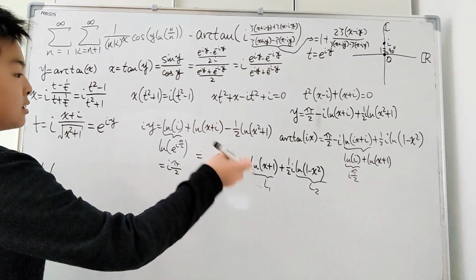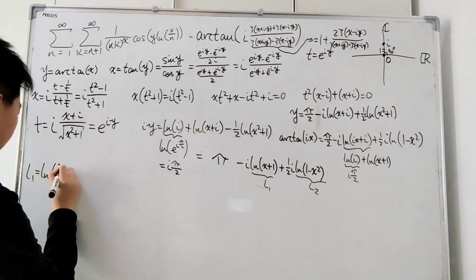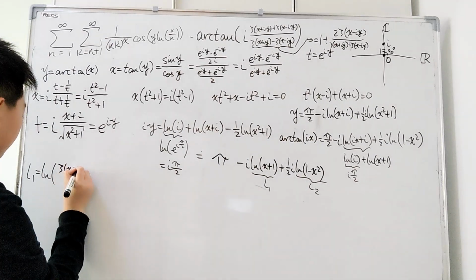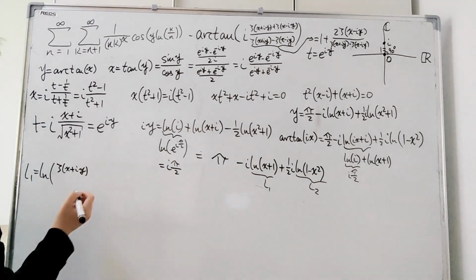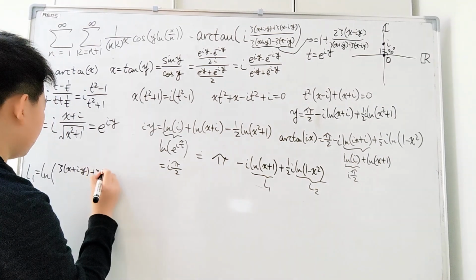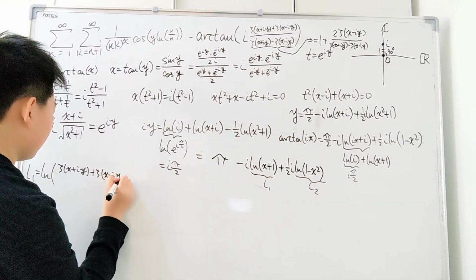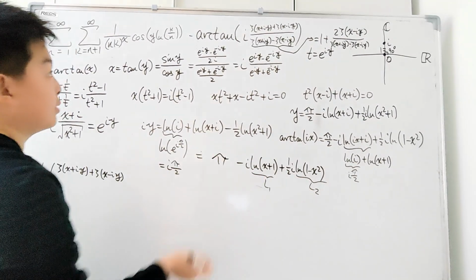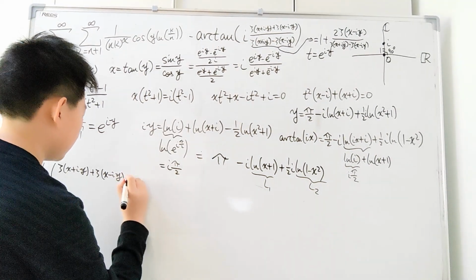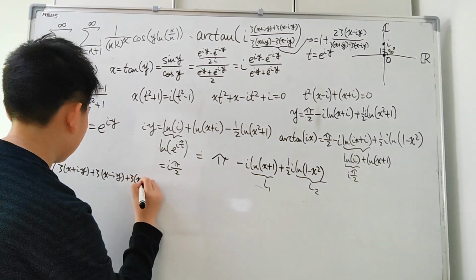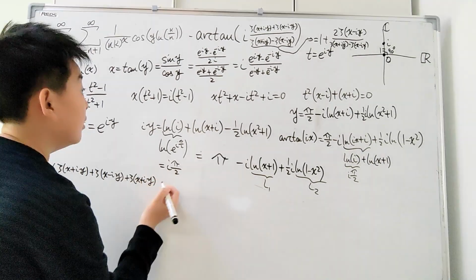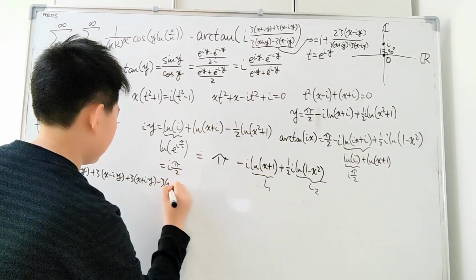The numerator is zeta of x plus iy plus zeta of x minus iy, and then plus 1 will just be plus this, so plus zeta of x plus iy minus zeta of x minus iy.